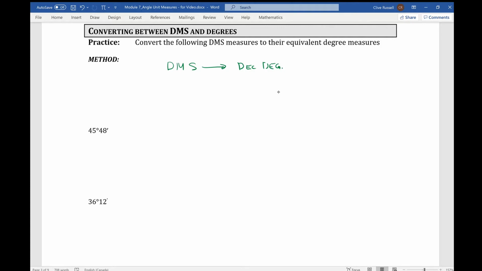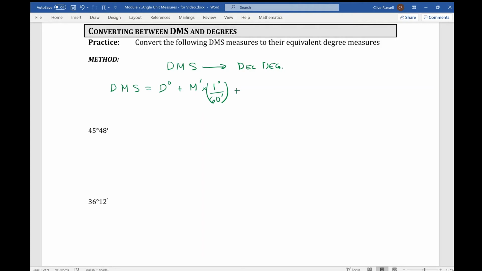If you're given your degree, whole minute, whole seconds, you leave your degree there, you add to that whatever value you have for minute, and you multiply by 1 degree over 60 minutes. That's your conversion factor.